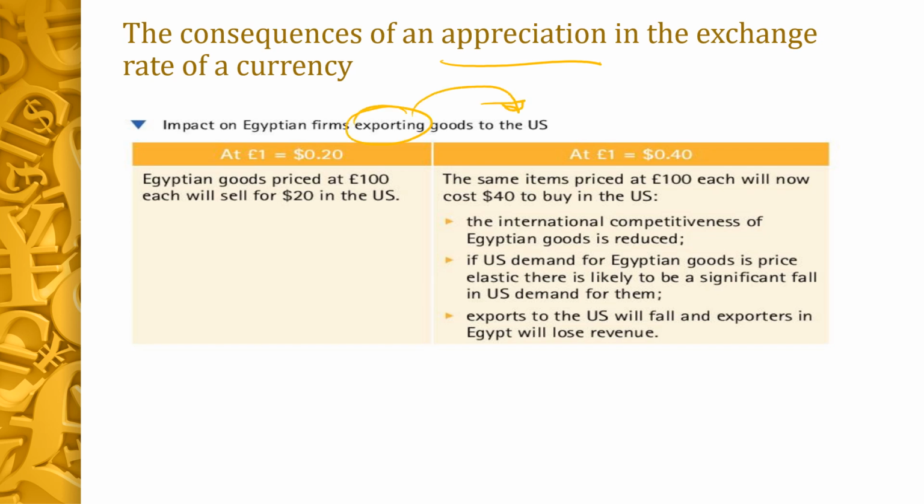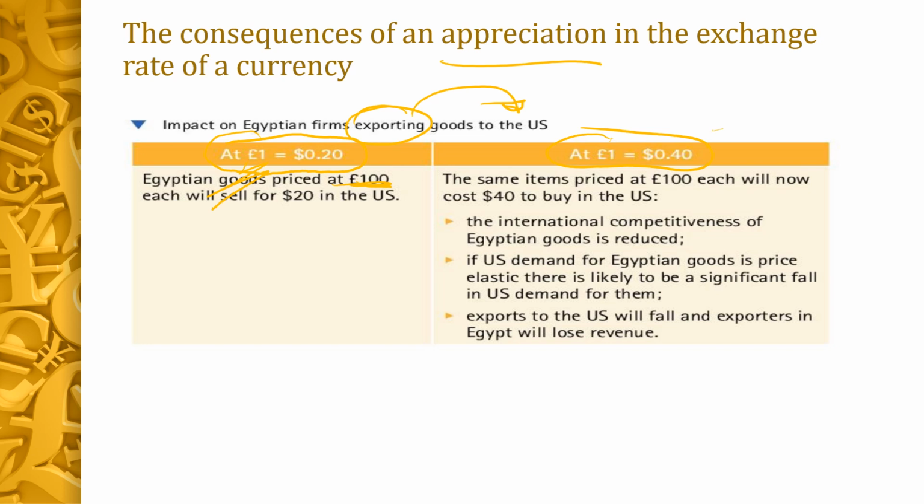So if I have a rate where one Egyptian pound is $0.20, which is 20 cents, and then I have the Egyptian pound at $0.40, at that point I would say that the Egyptian pound is appreciating against the dollar. If the Egyptian goods are priced at 100 Egyptian pounds, they will be sold at $20 in the US.